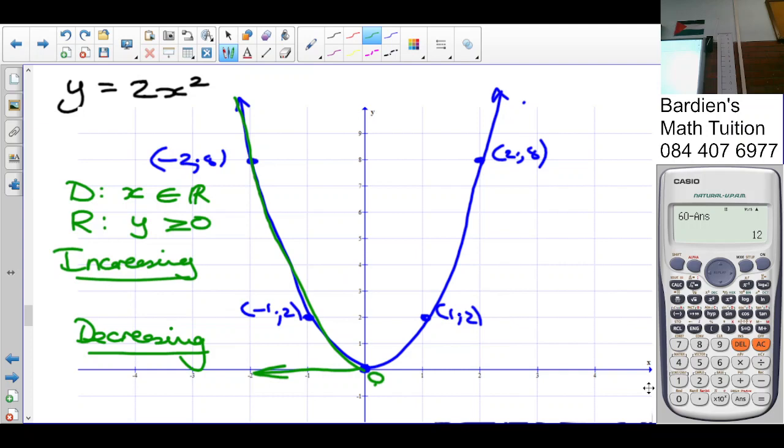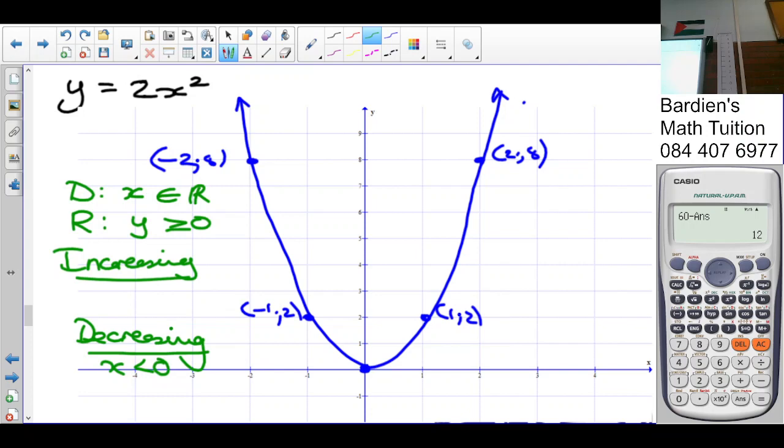What happens on the other side? Increasing. That's not what I'm looking at now. No? We look at one at a time. So, the graph is decreasing for x is less than 0. At 0 is neither increasing nor decreasing. You guys understand?